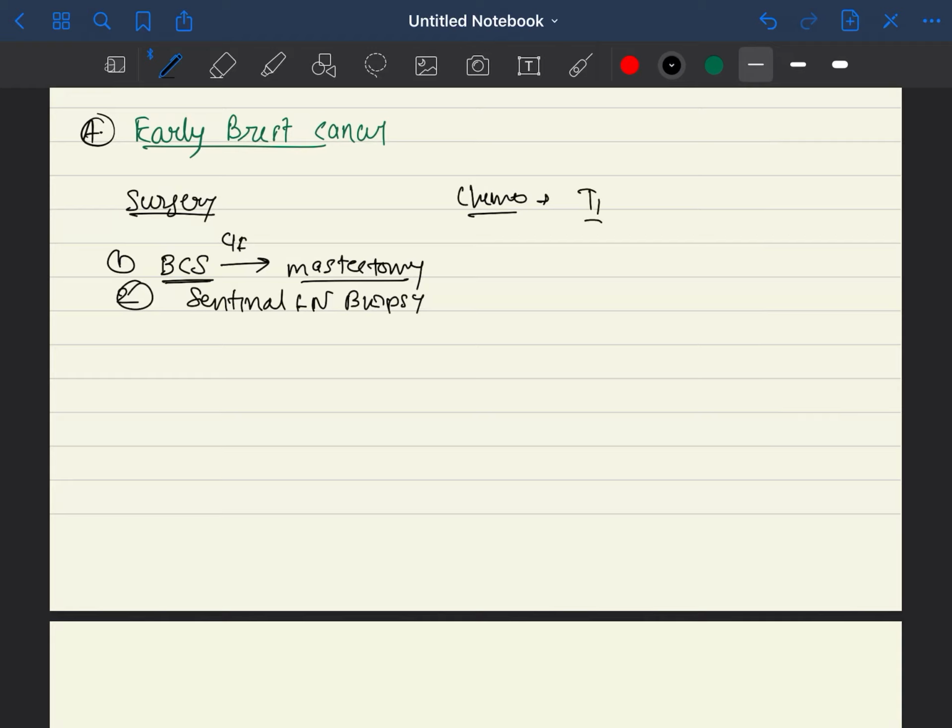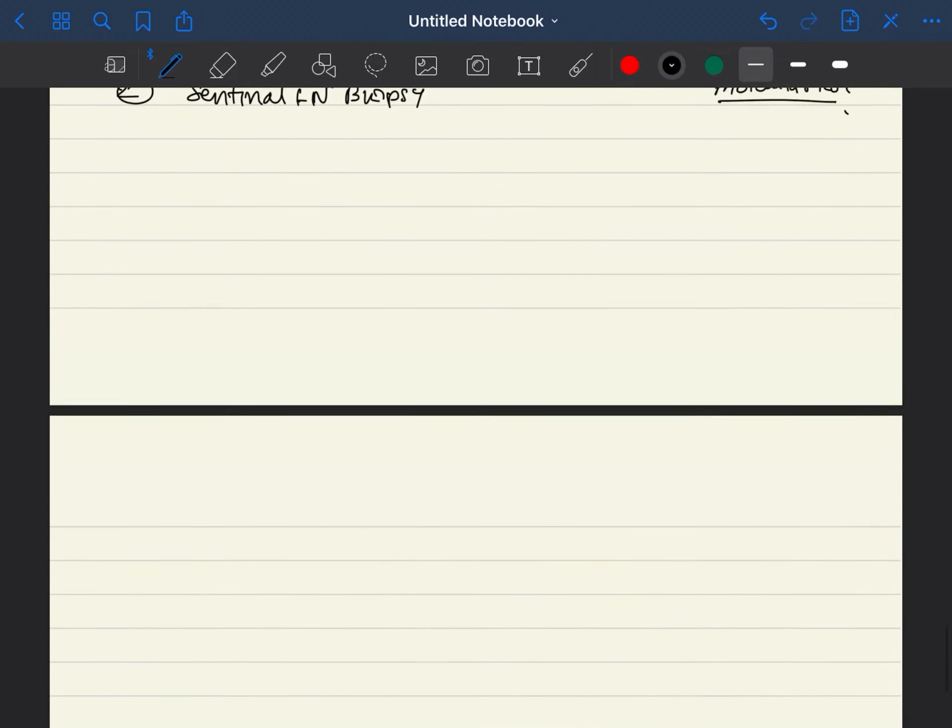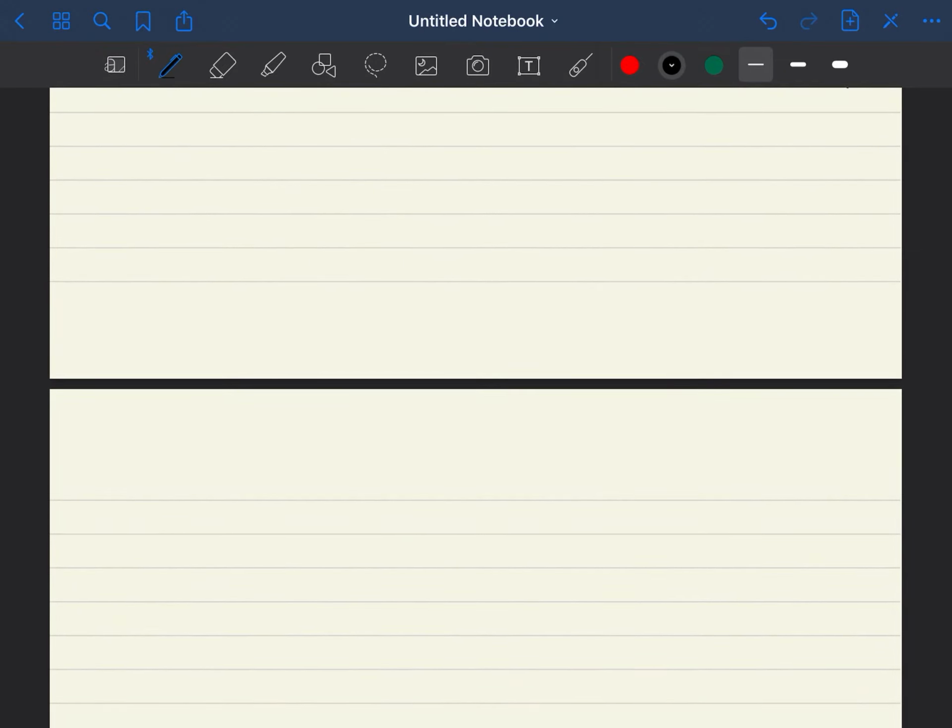Alright, if there is T1 T2 staging, N0 M0, we can go for the chemotherapy. Alright, and if the tumor is ER, PR positive or negative, we can do the molecular test. Alright, in radio, if lymph node positive, and after breast conservation surgery, we can give the radio. Can also give the hormonal therapy.